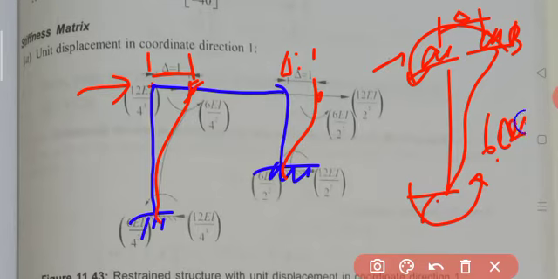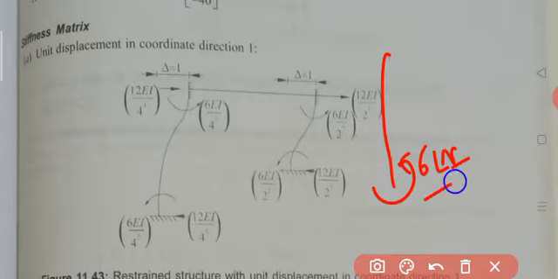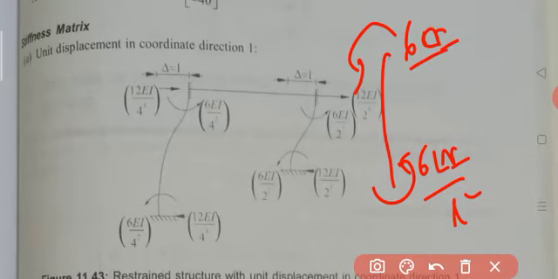Substituting delta equal to 1, you get 6 by L square, so the end moments are 6 EI by L square.